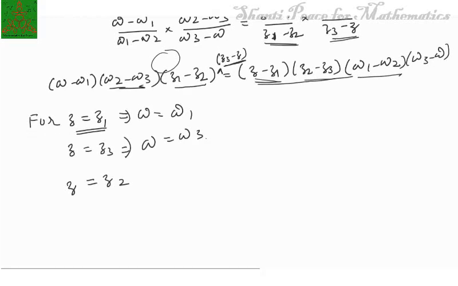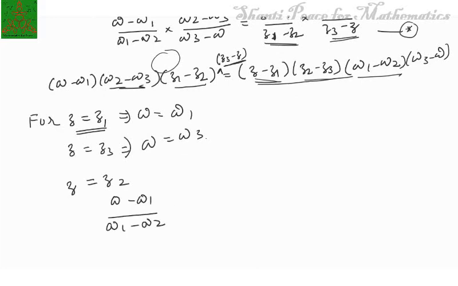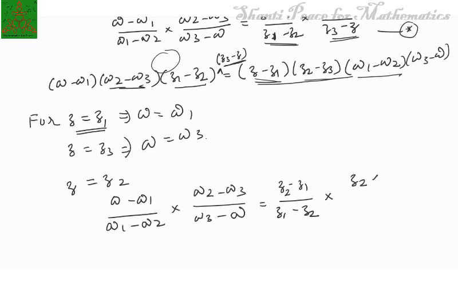So finally, using this equation star, W minus W1 upon W1 minus W2 into W2 minus W3 upon W3 minus W equal to Z2 minus Z1 upon Z1 minus Z2 into Z2 minus Z3 upon Z3 minus Z2. You will get the answer for this one as minus 1 into minus 1. So finally you will have 1.